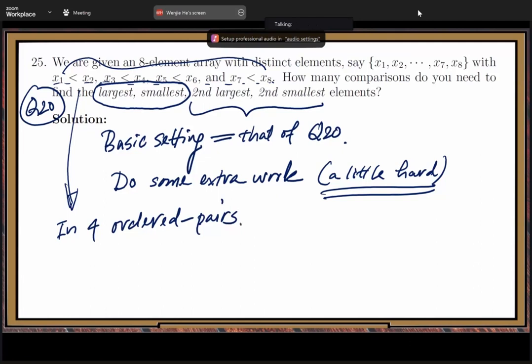All right. Then you need to work on these 4 ordered pairs. Okay? Winners group, losers group. Remember, we use that kind of special treatment. Winners group, losers group. Okay?